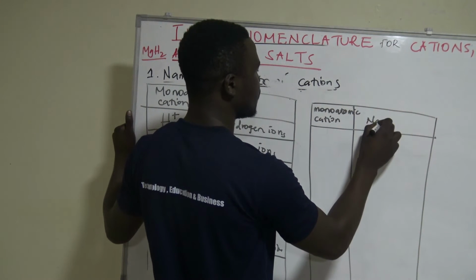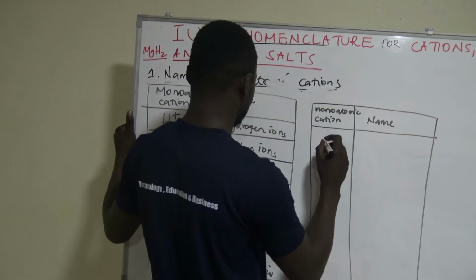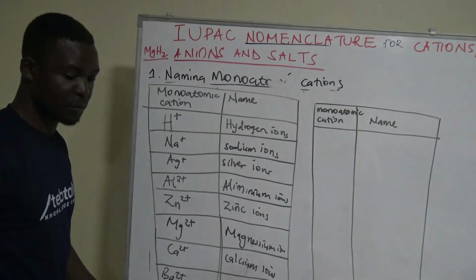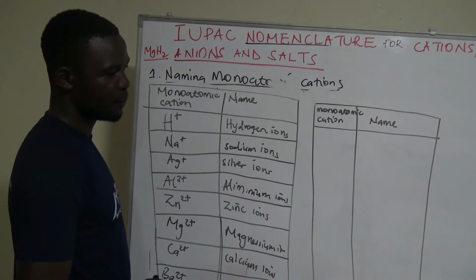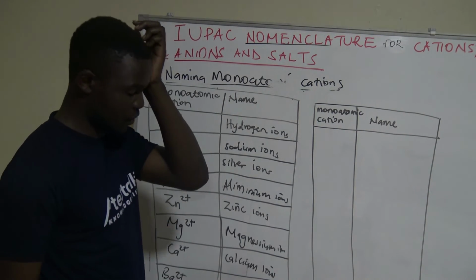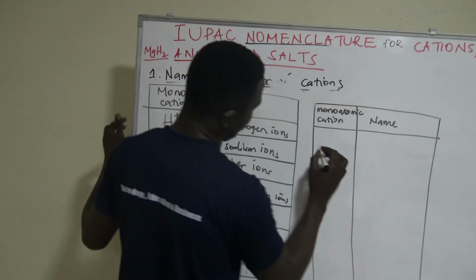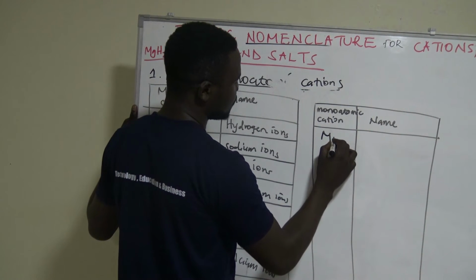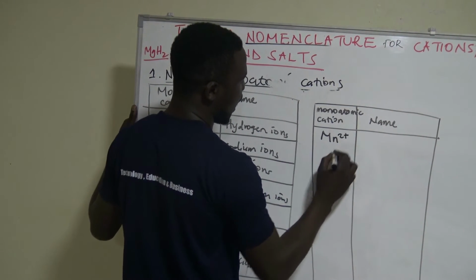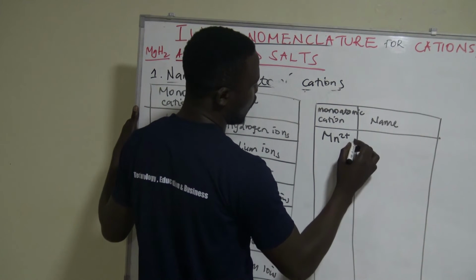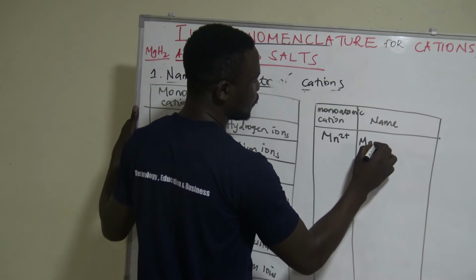And then here we stopped on barium. If we stopped on barium, we are going to add another element. Now the element we are adding here, I'm choosing an element that has more oxidation states.